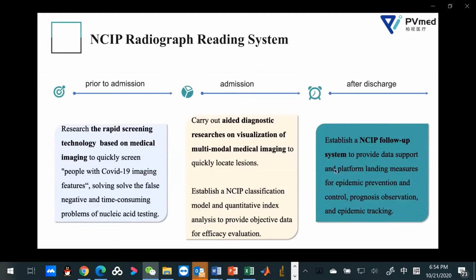Patient-specific lesion location and classification models need to be built for accurate diagnosis and treatment evaluation. At last, an NCIP follow-up module is also needed for providing data support and platform landing measures for epidemic prevention and control and epidemic tracking.